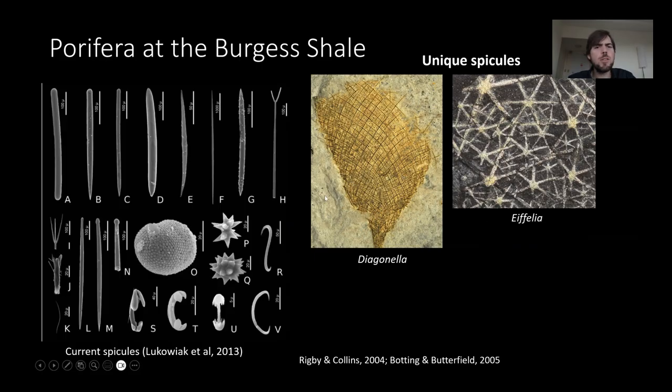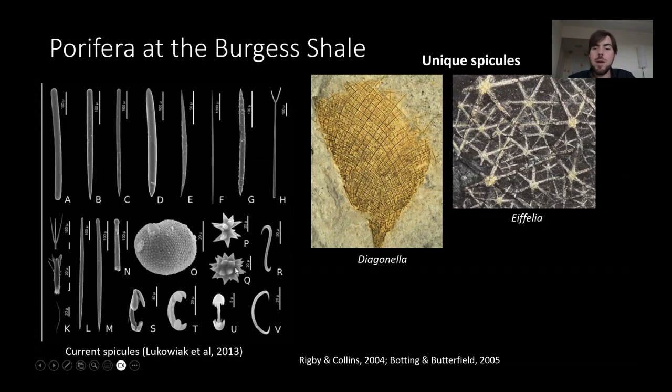But we also learned a lot about the origin of these spicules, the skeleton of sponges. These are, for example, the diversity of spicules that we find nowadays among sponges. You can see very, very different types of spicules of different shapes, numbers of points, and so on.